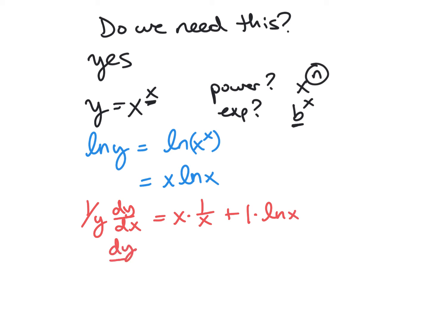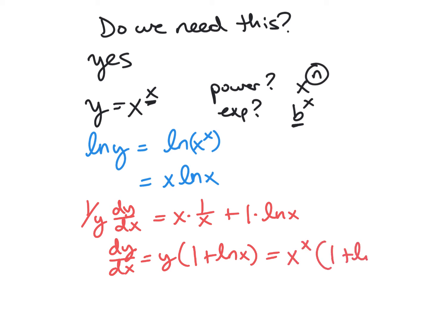And so dy/dx is then y times, well, x and 1 over x cancel to 1, plus the natural log. And so my final answer, if I substitute in for y again, because I know y is x to the x, I get x to the x times 1 plus the natural log of x. And so this is something we could not have done before, and using those log properties, we can do it pretty quickly using logarithmic differentiation.